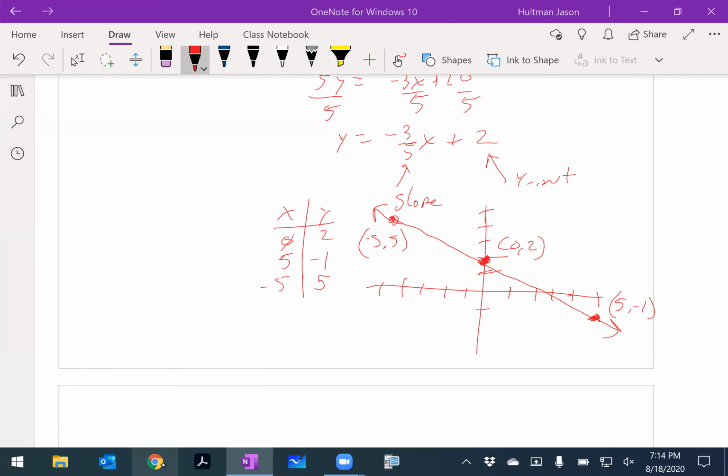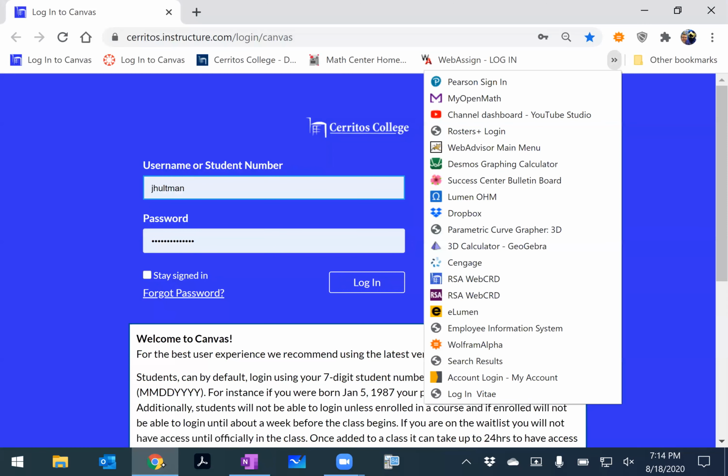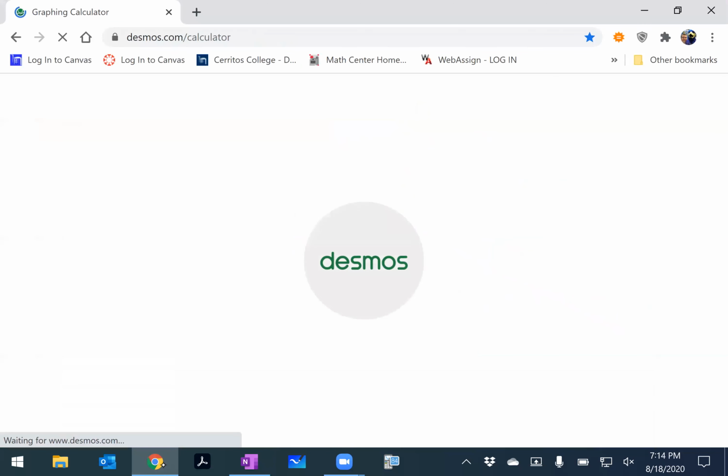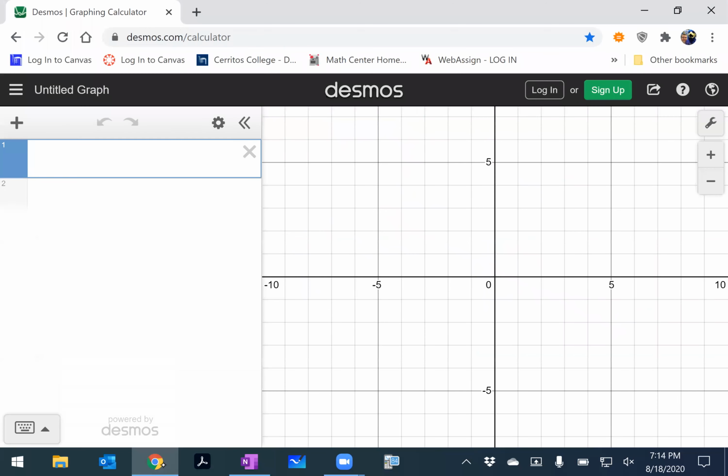I'm going to just do this on some software. Okay, we're going to use Desmos in this class. I'm going to go to my Desmos graphing, and we're just going to plug in what we had. We had y equals negative 3/5 x plus 2, right?